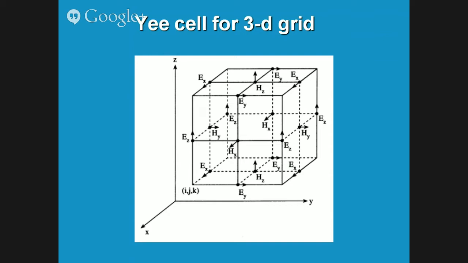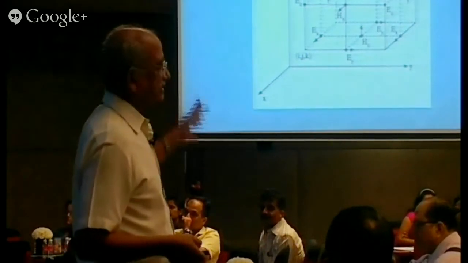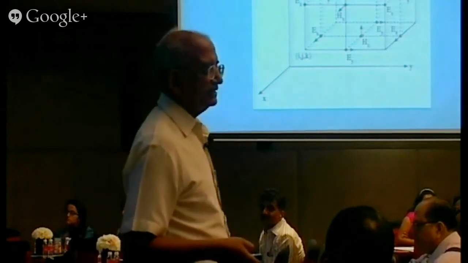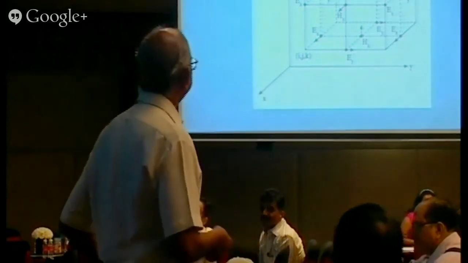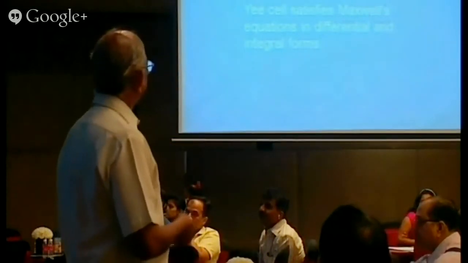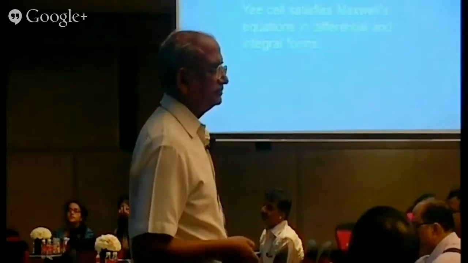You can see the placement of electric and magnetic field components, how they alternate with each other, and Maxwell's differential and integral equations are satisfied for each and every face of this. That is, E nodes are surrounded by H nodes and vice versa. This placement of nodes in Yee cells satisfies Maxwell's equations in differential form as well as integral form.